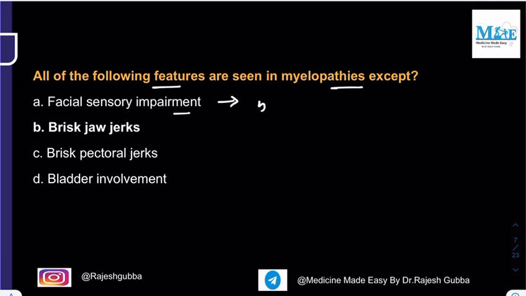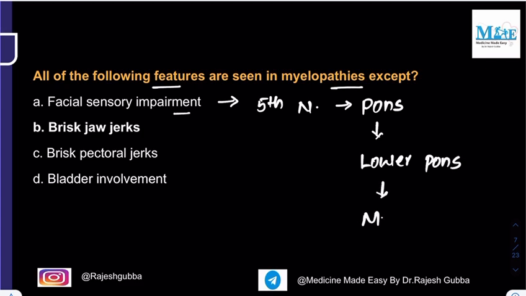sensations, they are carried by the fifth nerve, that is the trigeminal nerve. And where will be the nucleus of the trigeminal nerve? The nucleus of the trigeminal nerve is present within the pons. From the pons, it also extends to the lower part of the pons and to the medulla oblongata.